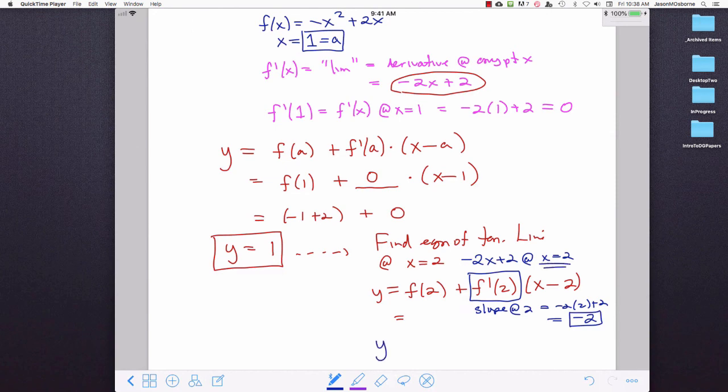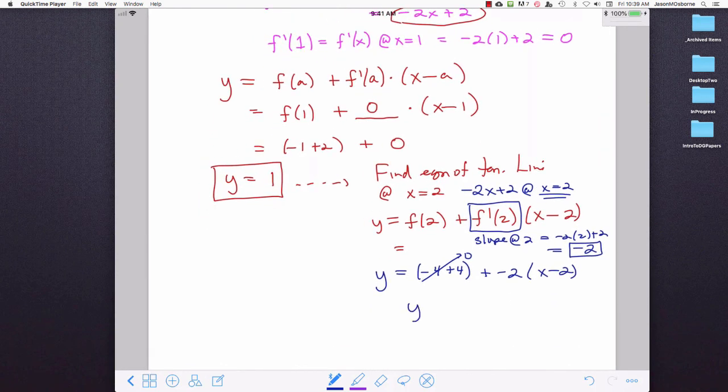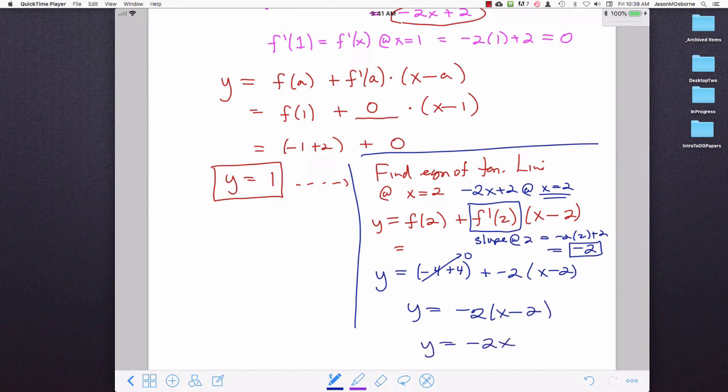The value of the function at 2 is negative 4 plus 4, so the value of the function is 0, plus negative 2 times x minus 2. So the equation of the tangent line at the new point is y equals negative 2 times x minus 2, or if you prefer, negative 2x plus 4.